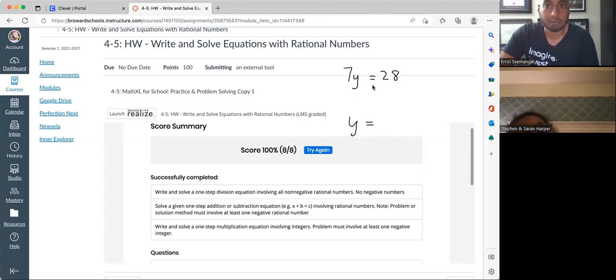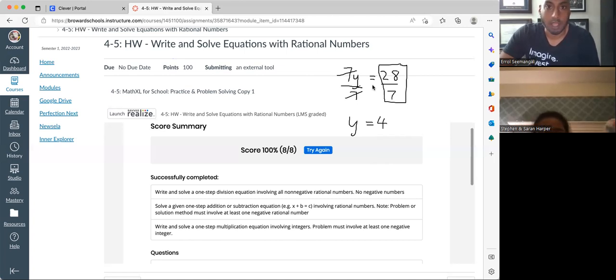Divide both sides by the coefficient. Cancel, cancel. y equals 28 over 7. How much? 4. How'd you get that? I divided both sides by the coefficient.